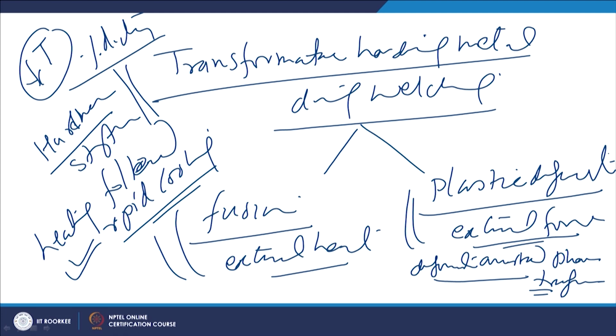These transformation and so the related mechanical property variation may be favorable, may be unfavorable. So, if it is favorable from the performance point of view, we will say that the weldability is good, and otherwise it is poor.